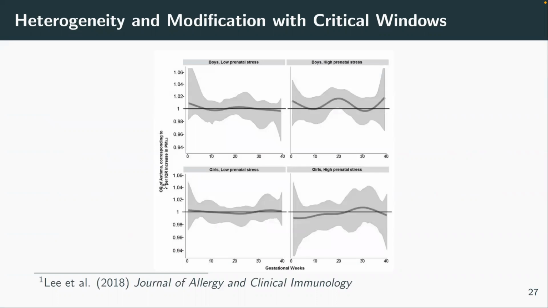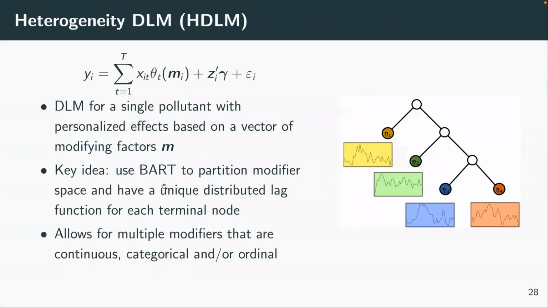I'm going to skip this one for the sake of time. But our heterogeneous distributed lag model looks just like this. Now we're back to talking about a single predictor, only one exposure, single pollutant. And theta t is now a function of our modifying variables. This means for each unique combination of modifying factors, we'll get a unique distributed lag effect.